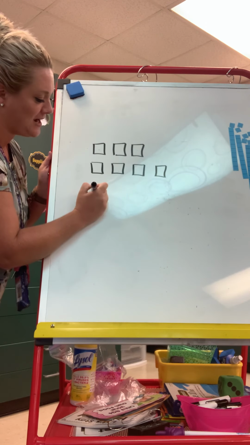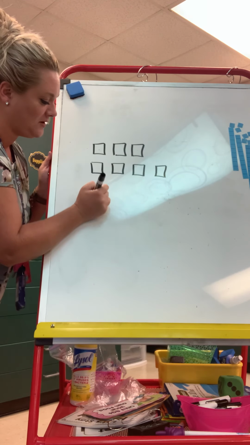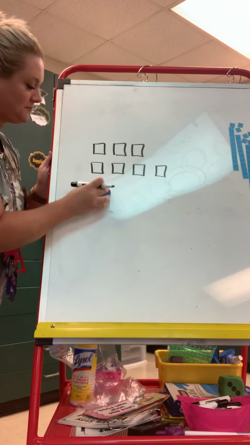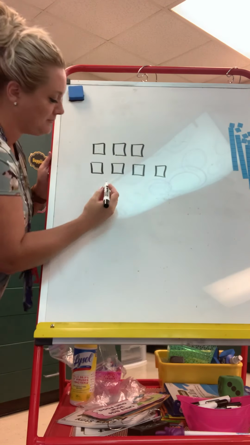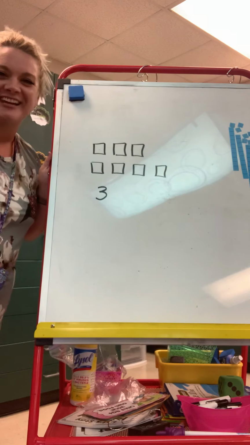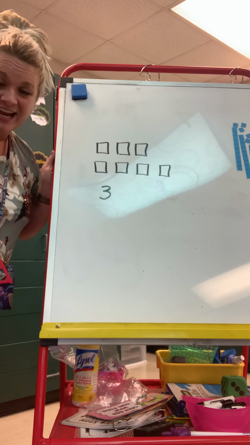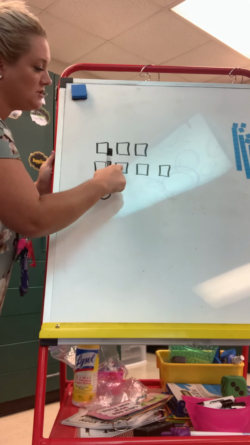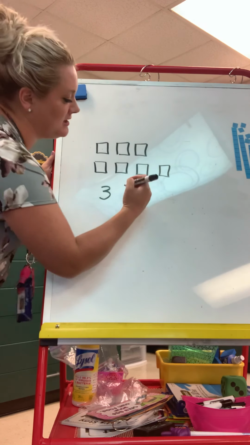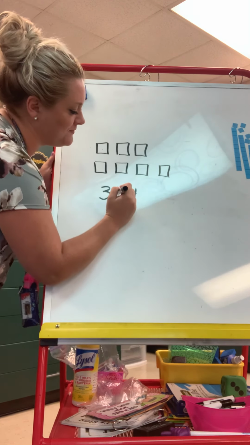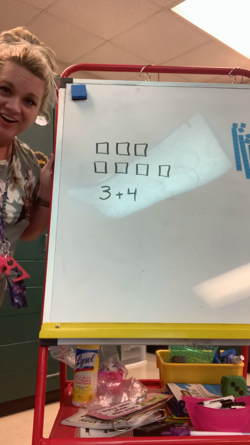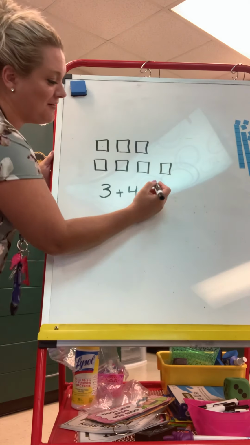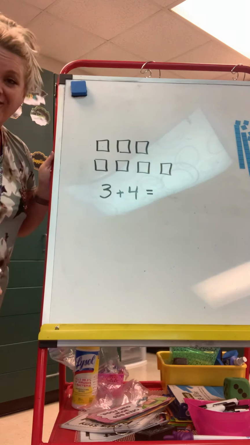So I'm going to write 3. Sorry, my marker did something funny. 3. So I have 3 acorns. The next day, remember there were 1, 2, 3, and 4. So now there are 4. So if I add them together, I will get my answer of how many acorns I have in all.